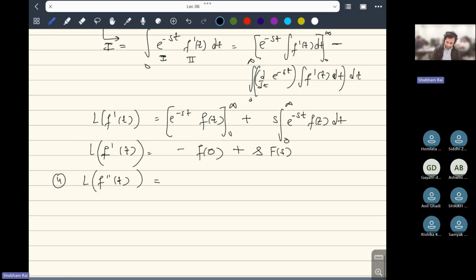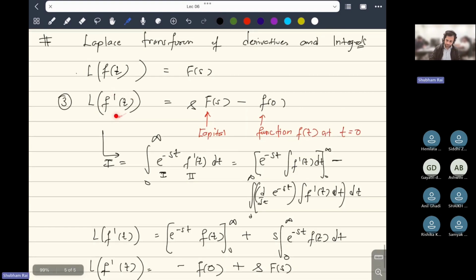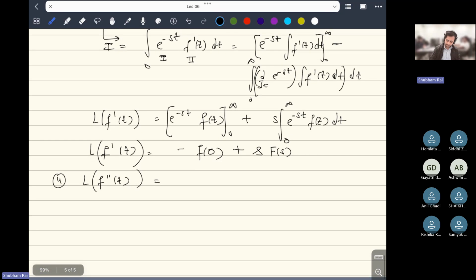So that will be nothing but if we just apply this formula only. Now here we have f double prime t, so here we will have f prime t. So we can say that is s times the Laplace transform of f prime t minus f prime of 0, right?